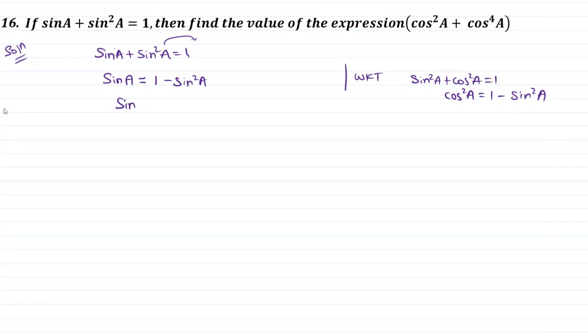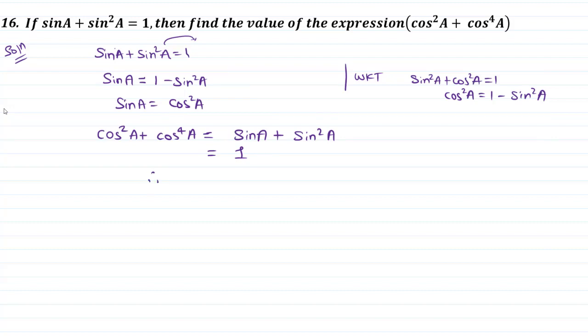So sin A is equal to, substitute the value of 1 minus sin square A, that is cos square A. Now we have to find the value of the expression cos square A plus cos to the power 4 A. In place of cos square A, substitute its value, that is sin A, plus cos to the power 4 A, which is nothing but sin square A. From the given thing, sin A plus sin square A is equal to 1.